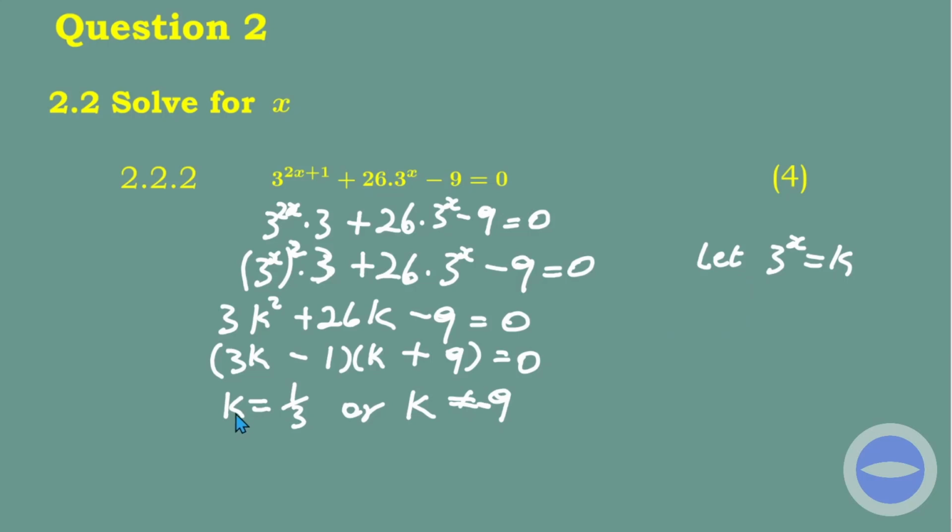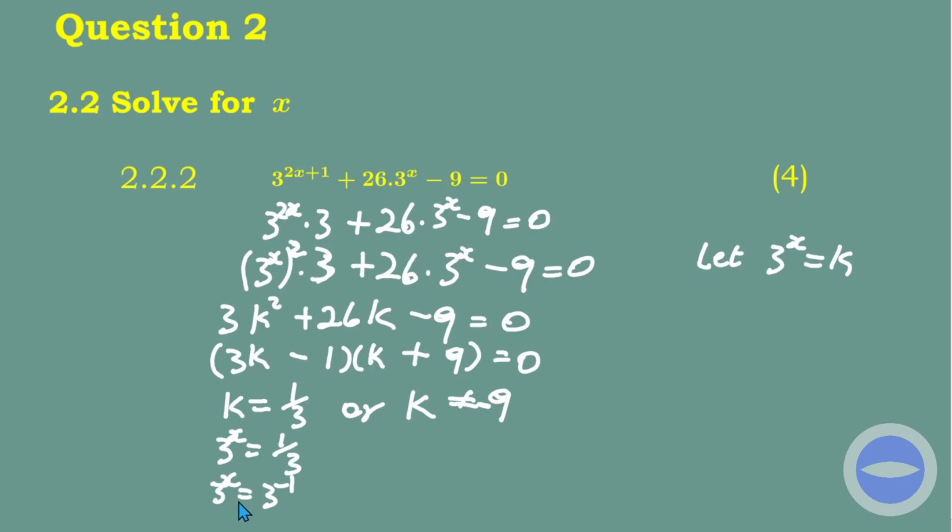So now we can replace k with 3 exponent x. So here we have 3 exponent x equals 1 over 3. Then here is the same as 3 exponent x equals 3 exponent negative 1.